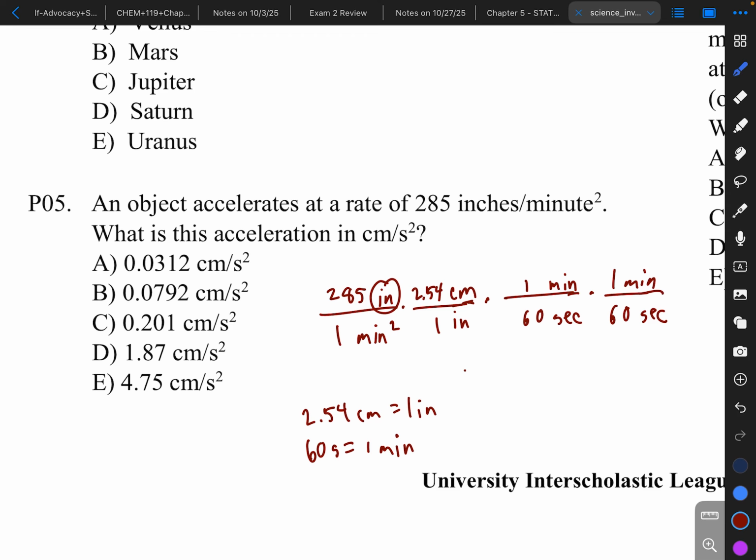And just plugging everything in a calculator will yield us the answer. So when we do all that, my answer was 0.201 centimeters per second squared. So the answer to number 5 is going to be C.